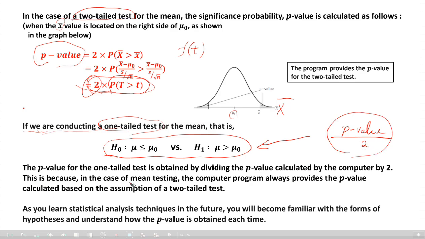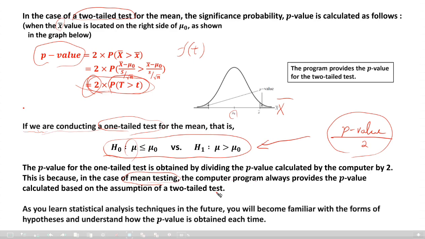This is because of the case of mean testing, okay? This kind of population mean testing problem, computer program always provides the p-value calculated based on the assumption of a two-tailed test. Computer doesn't know whether you test two-tail or one-tail.